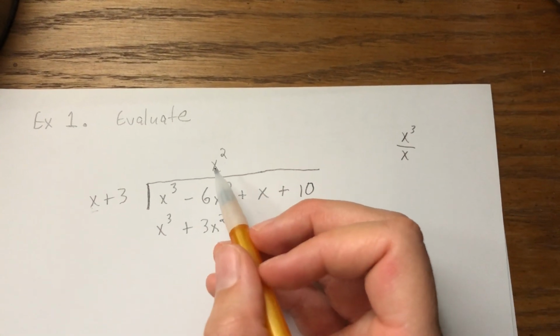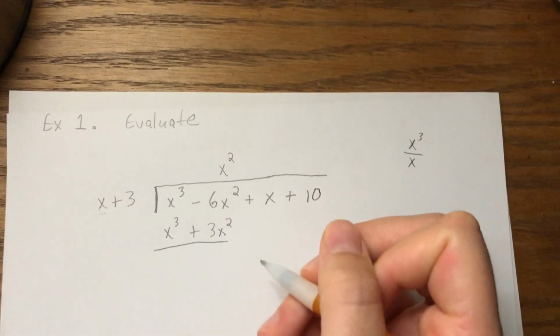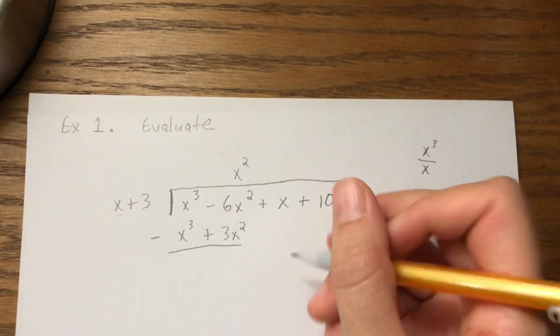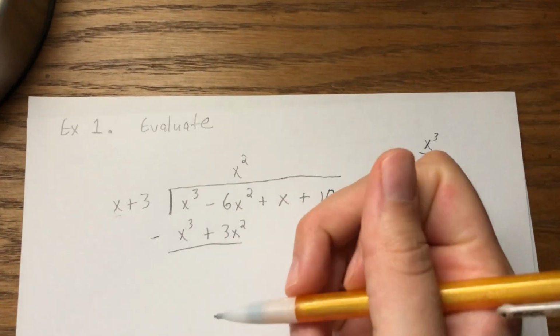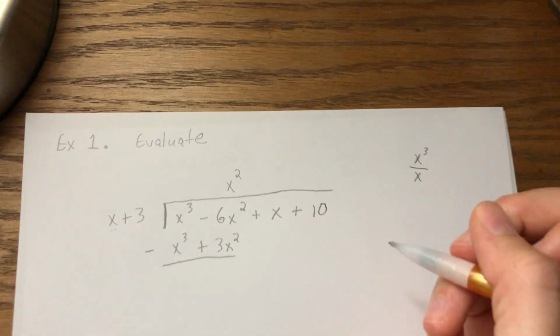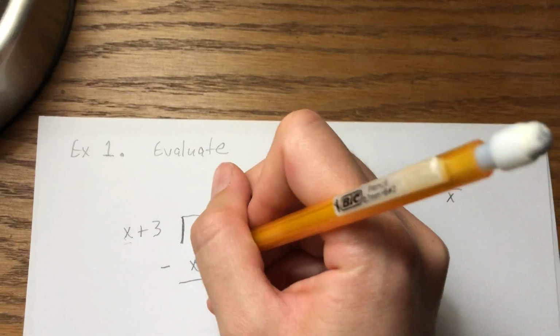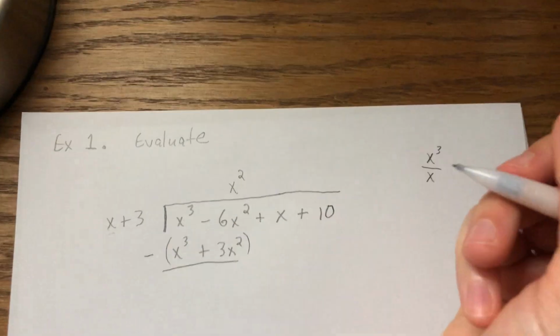Okay, so the reason I did that is because I'm going to take this and subtract, just like I did with my numbers. And when I do x cubed minus x cubed, it will be gone, and I'll have this other stuff to work with. Note that I'm not just subtracting x cubed, I'm also subtracting this term as well.